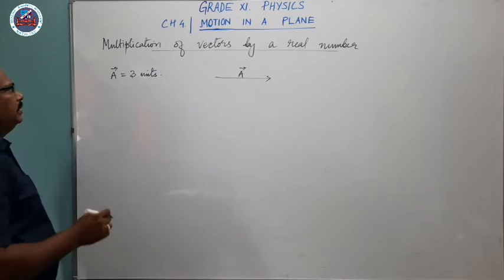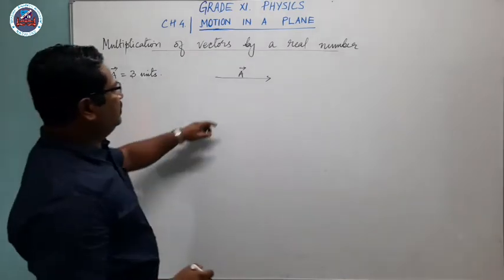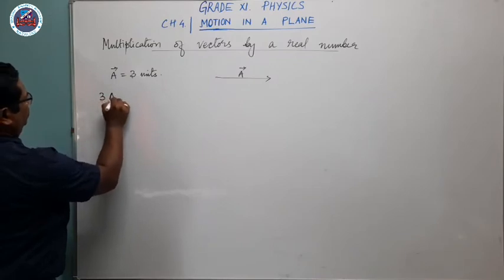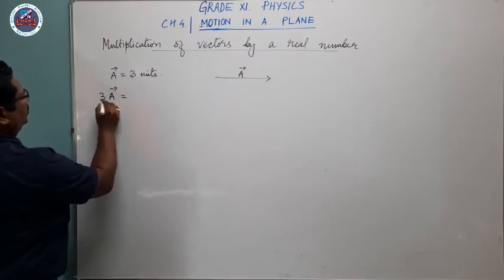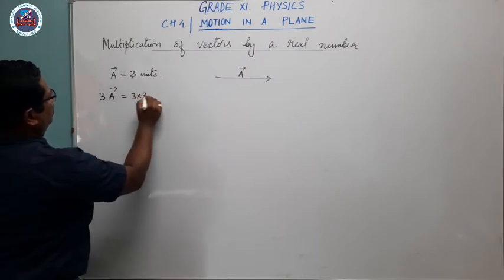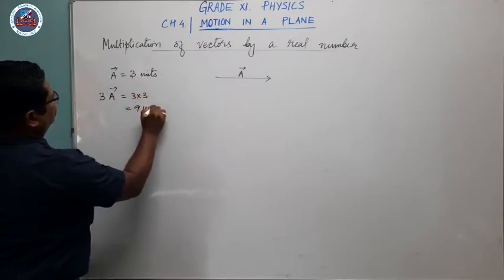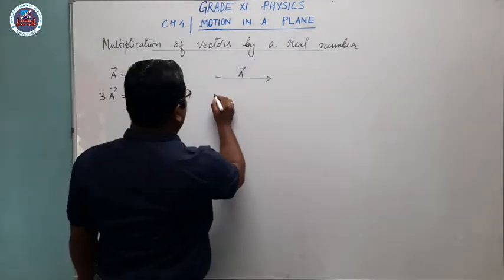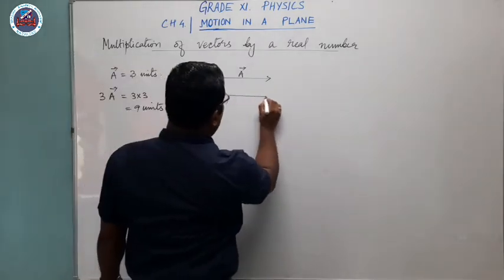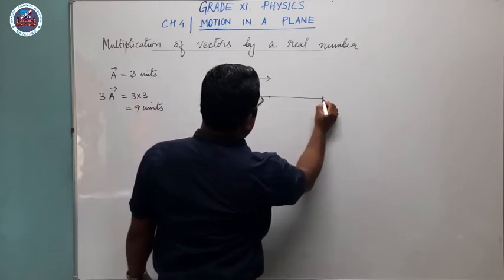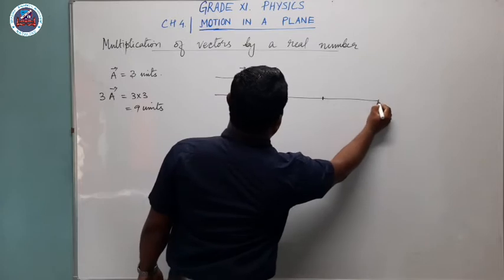Now what we'll do is, when you are going to multiply this vector A by 3, I'll do 3 into vector A, which is 3 itself, so 3 into 3 will become 9 units. So if you multiply by 3, this is 3, then this is 6, then this is 9.